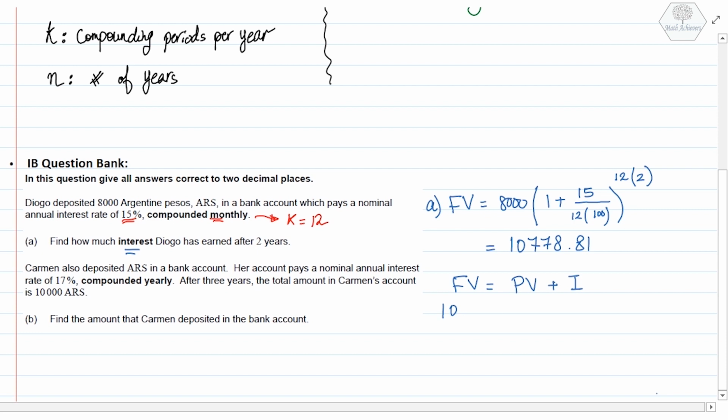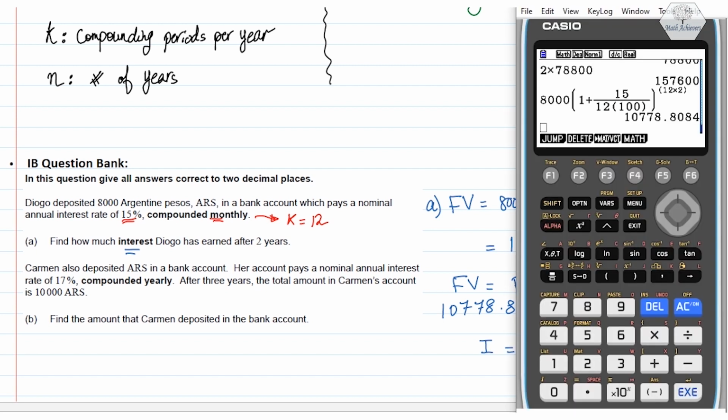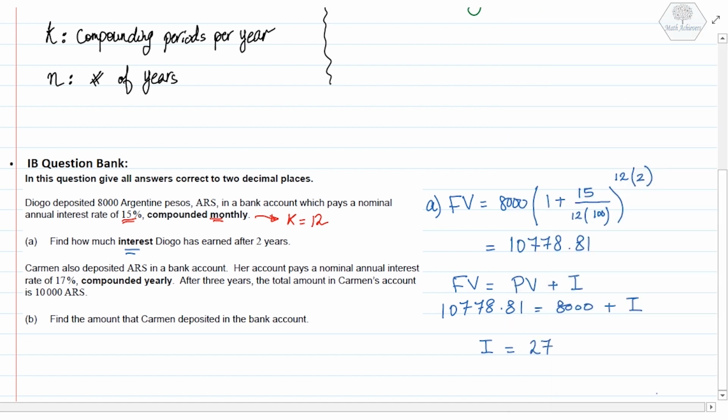So I have 10,778.81 is equal to 8,000 plus I. So the interest gained is equal to this amount minus 8,000, and I will have the interest gained to be 2,778.81.